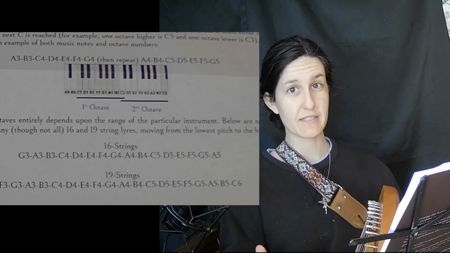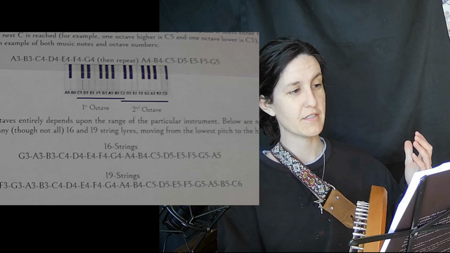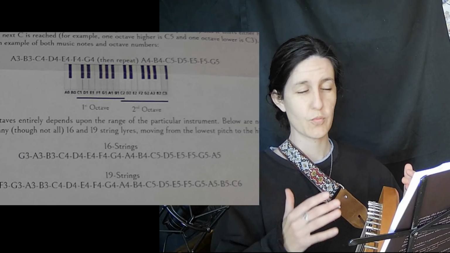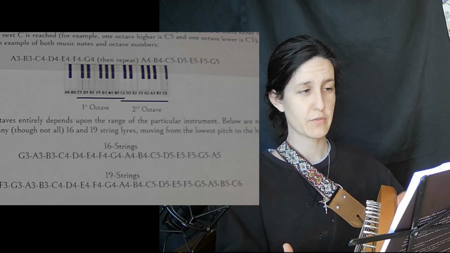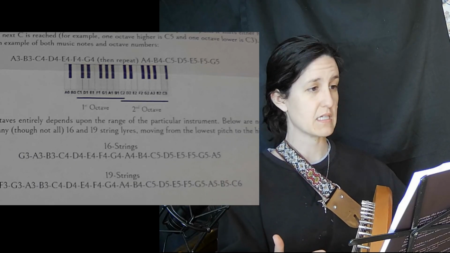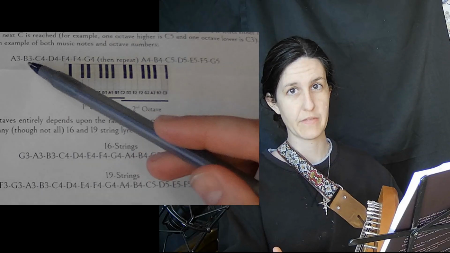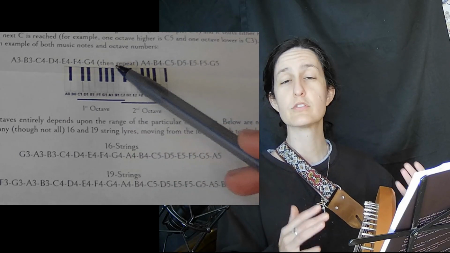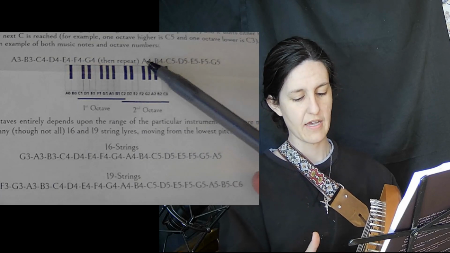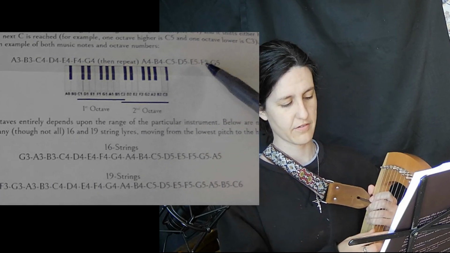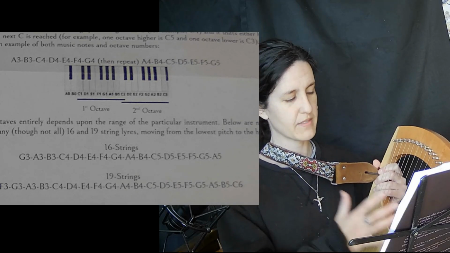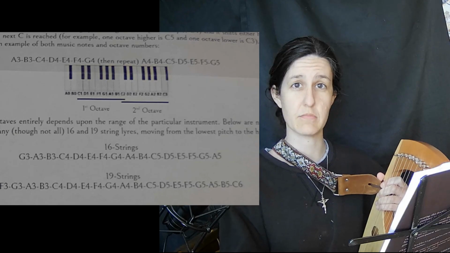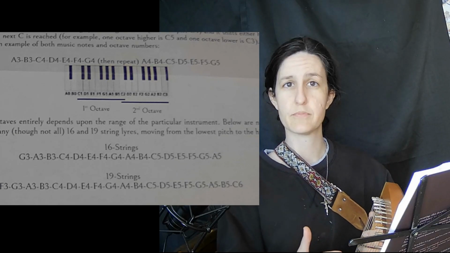In music, the notes available to us only go to G. So you can have a note that's A, B, C, D, E, F, or G. After that, you simply start over. There is no such thing as an H note here. I would never point to this and say, find me the L or find me the P. It does not exist in music. We only go up to a G.